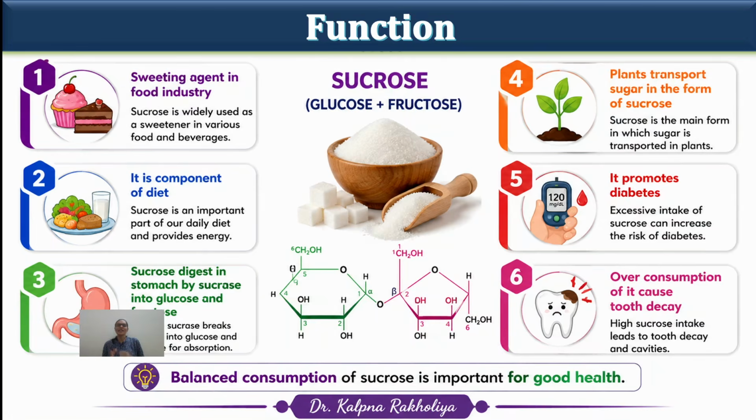What is the function? It acts as a sweetening agent. We add it to various kinds of food. It is a component of the diet and an important part of our diet, and when it breaks down it forms glucose, which is required for energy. Sucrose is digested by the invertase or sucrase enzyme, which converts it into glucose and fructose.